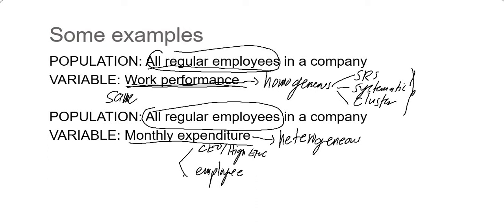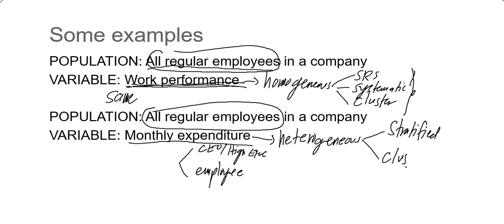They have different salaries, so they might spend monthly differently. So since we can more or less say that our population with respect to our variable is heterogeneous, then we can have it stratified or cluster.